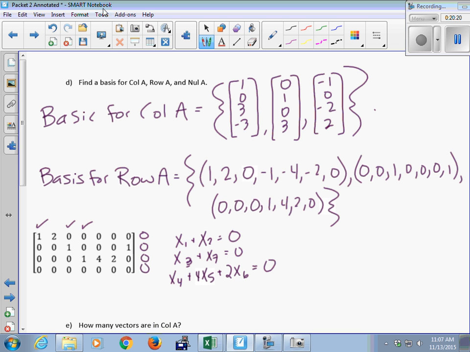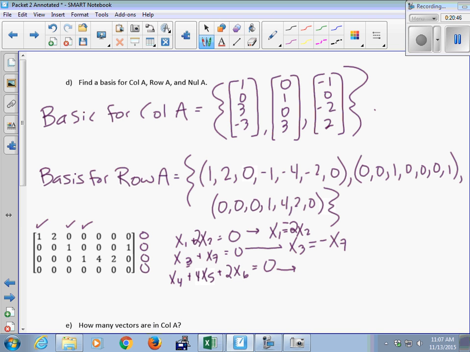Okay, so x1 is a pivot, so I'm going to solve for x1 here. So I have x1 is negative x2. Here, x3 is a pivot variable, and x3 is negative x7.